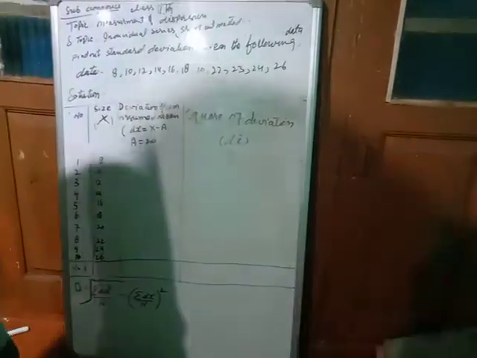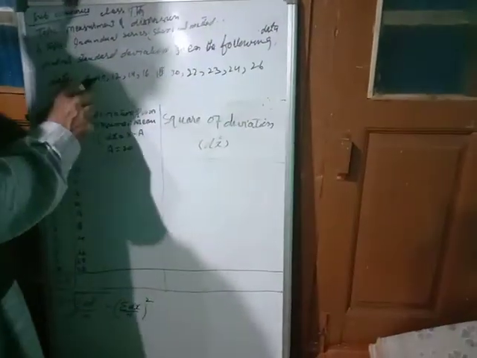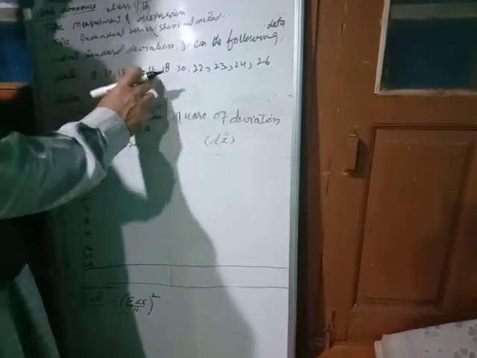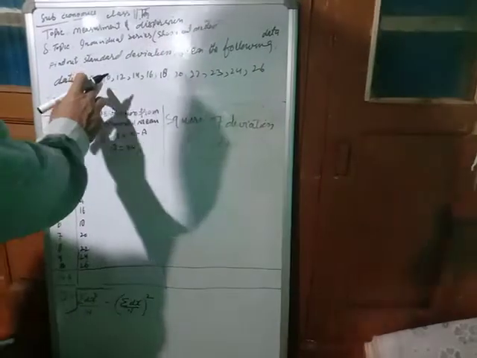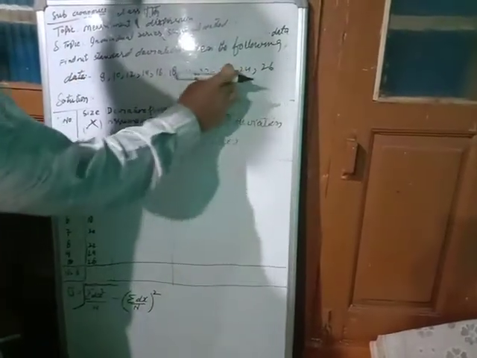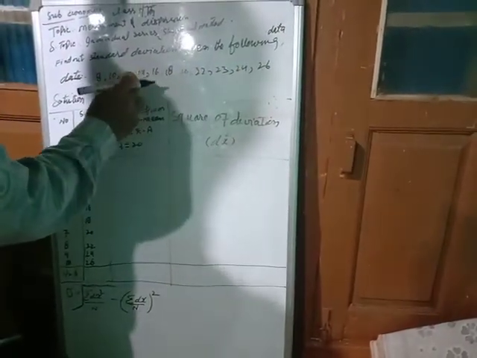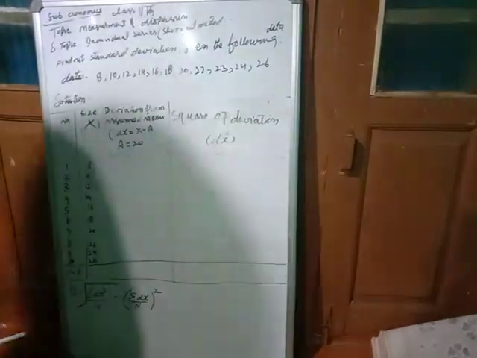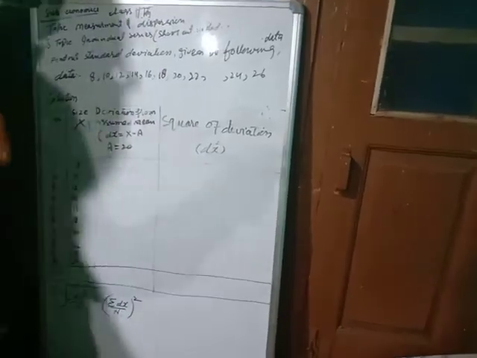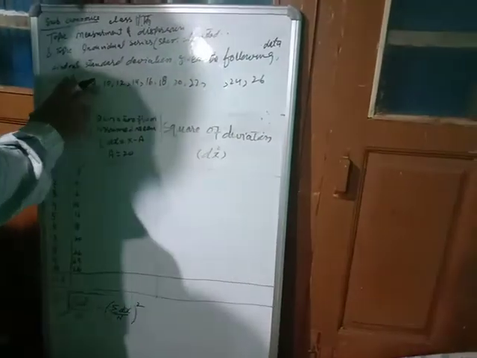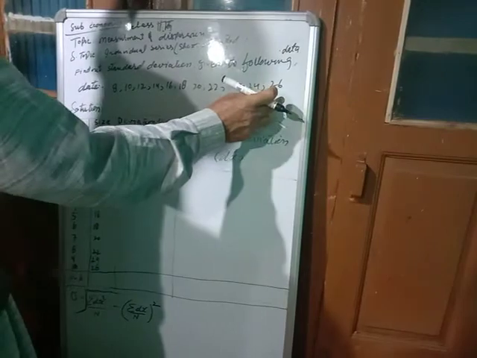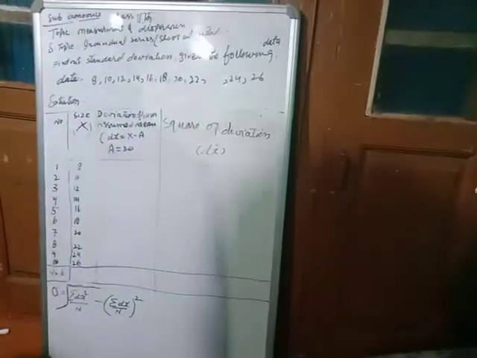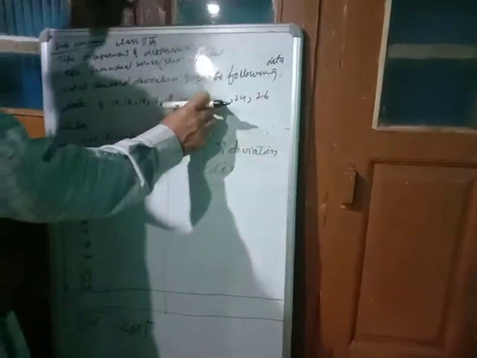If we count the total number of data, those are 1, 2, 3, 4, 5, 6, 7, 8, 9, 10. I will repeat it. The total number is 10, not 11, because 23 is not here.